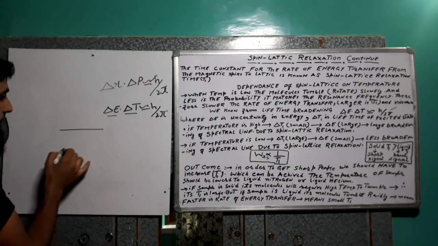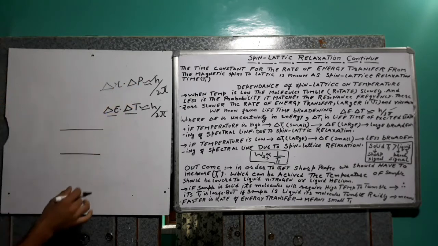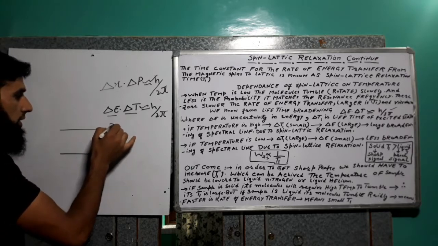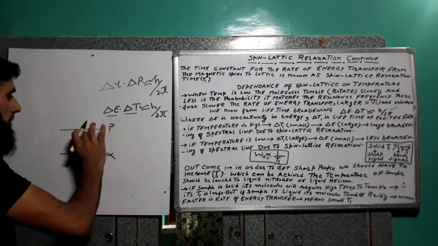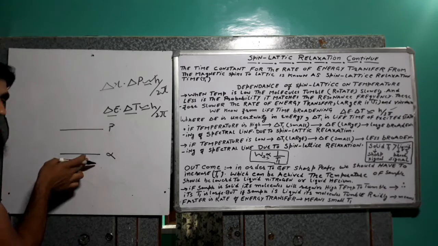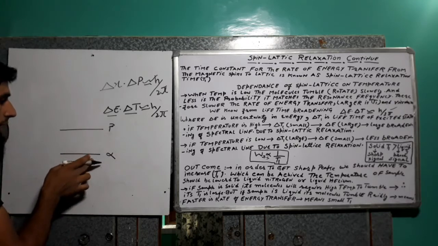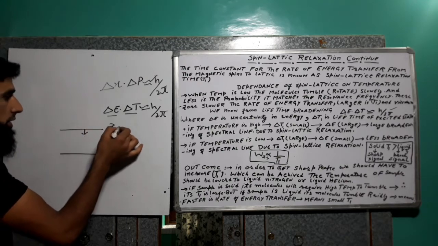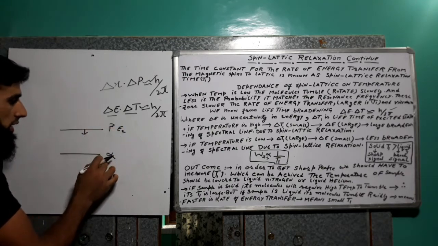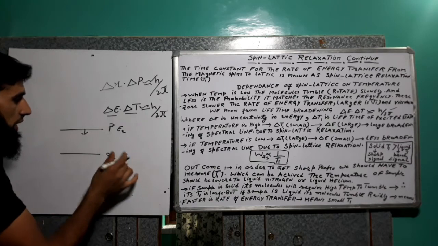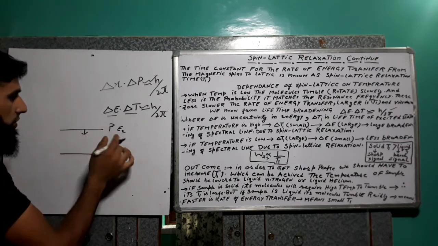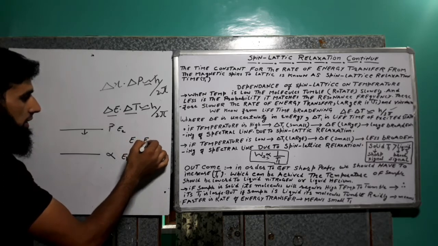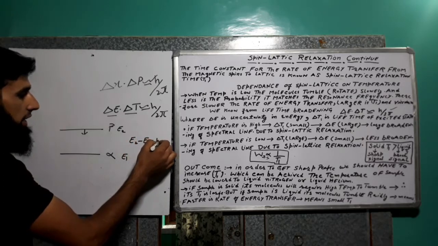Suppose we have two energy states in the hydrogen nucleus. This is an alpha energy state and this is a beta energy state. How much frequency will a nuclear spin absorb to go from the alpha state to the beta state? That is equal to the energy of this state, E2, minus the energy of this state, E1, and the difference of these two, E2 minus E1, is equal to h nu.